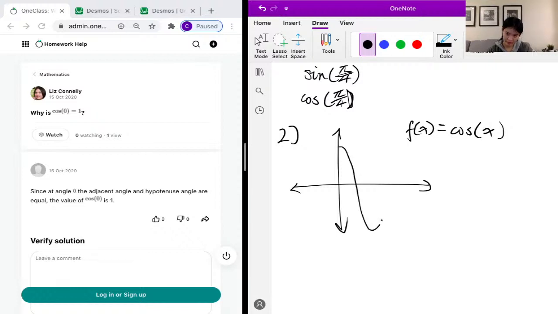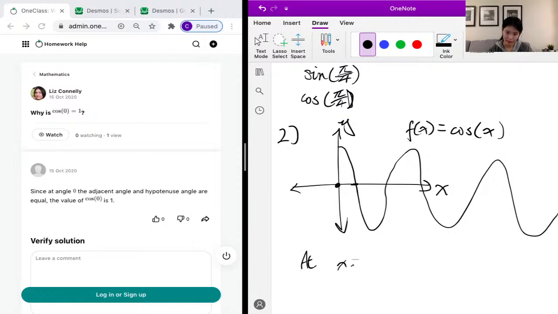And the function goes like this, and goes on forever, repeating in oscillations. So we have the y-axis, and here we have the x-axis. At x equals 0, which is this point, the y value of the function is 1.